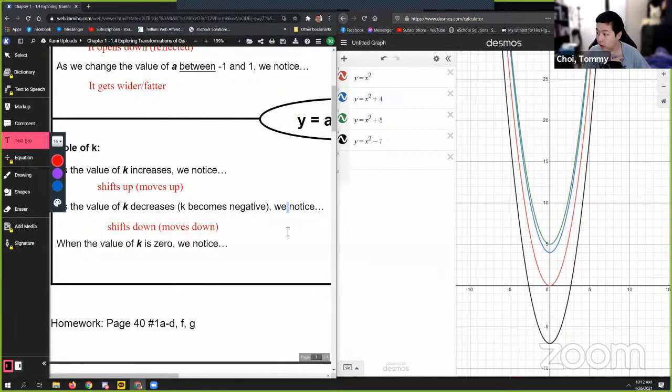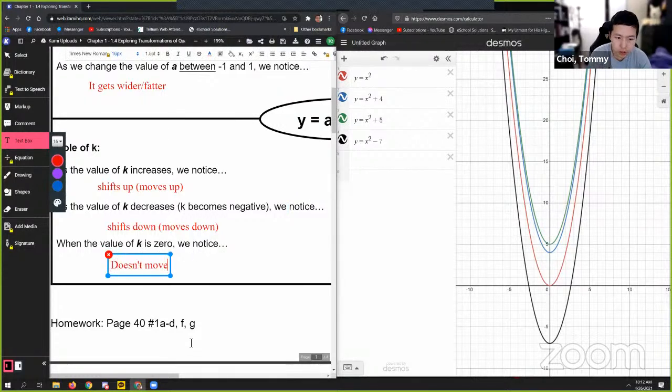It's called a vertical shift, vertical meaning up and down. So the description of that transformation is called a vertical shift, and you can just say it shifts up or shifts down. What you guys said is fine, but the actual term for it is vertical shift. Obviously, if it's 0, it doesn't move. It's the same spot, right?